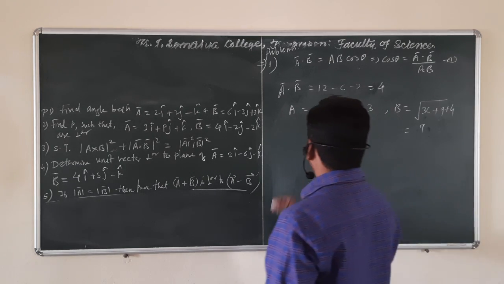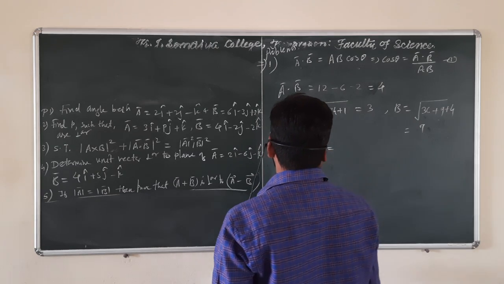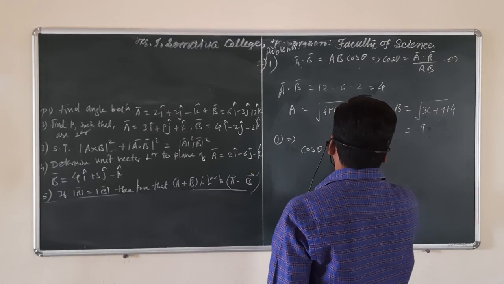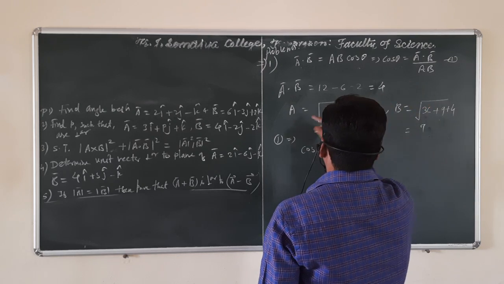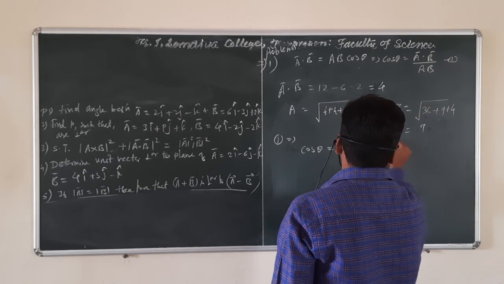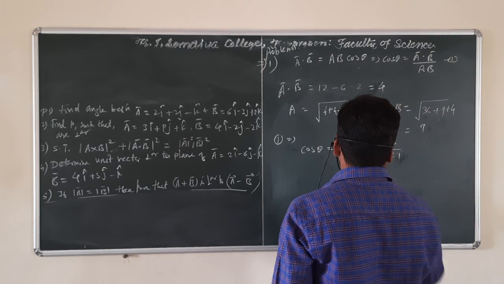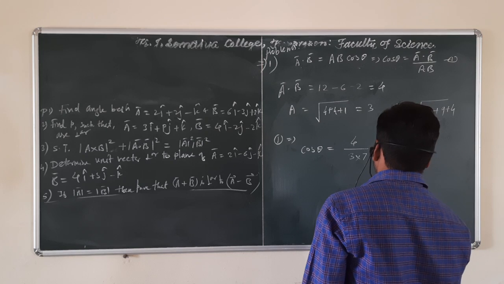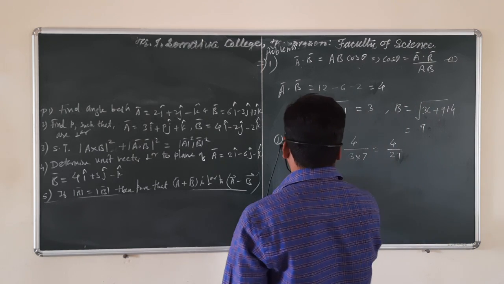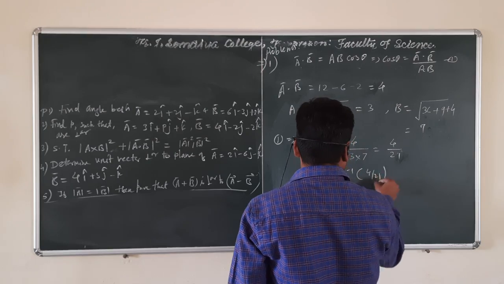Now from equation 1, cosine of theta is equal to A dot B, which is 4 divided by 3 into 7, which is 4 divided by 21. And angle between them is cos inverse of 4 by 21.